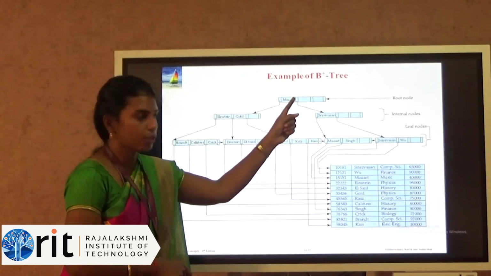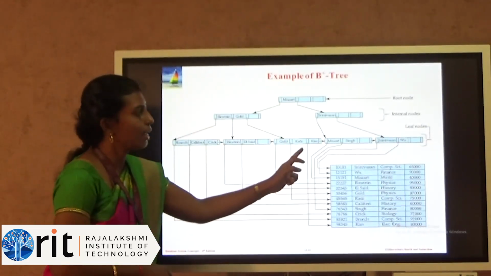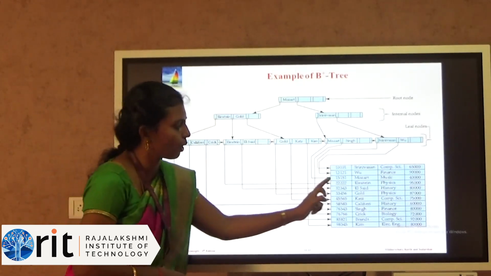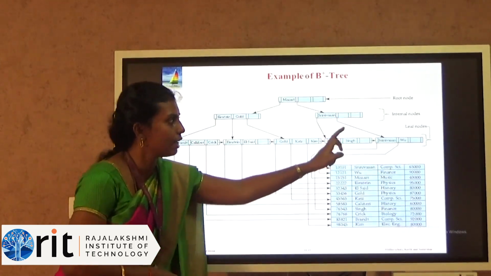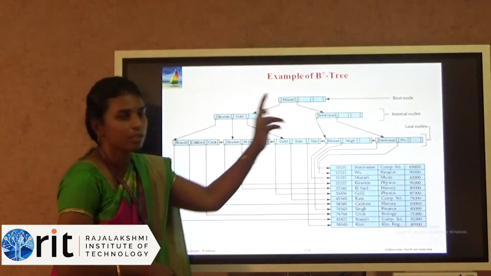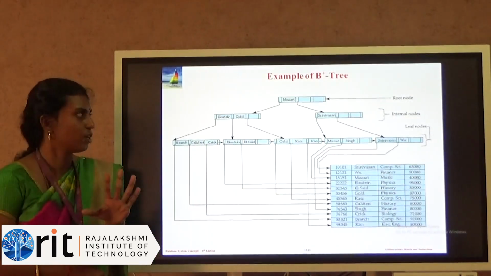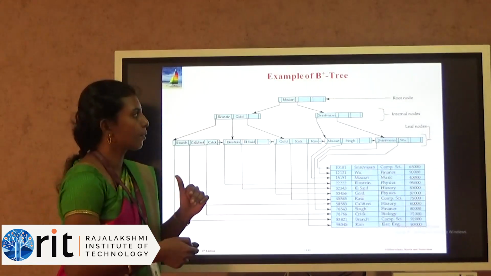Here this is the root, these are called the internal nodes, and these are the leaf nodes. Only the leaf nodes can locate the data records. The internal nodes have links to the leaf nodes. The root node has at least a minimum of 2 children. These are the basic properties of the B plus tree.